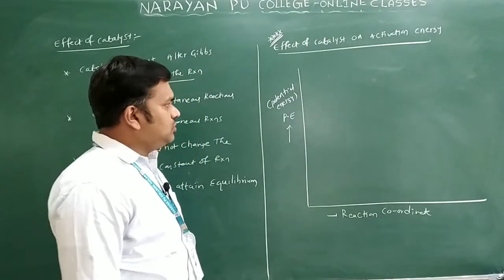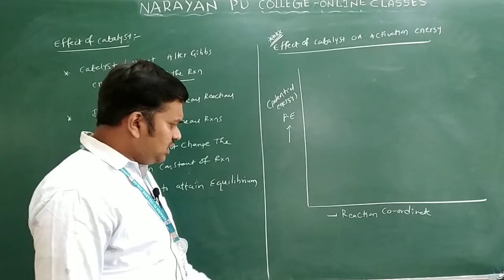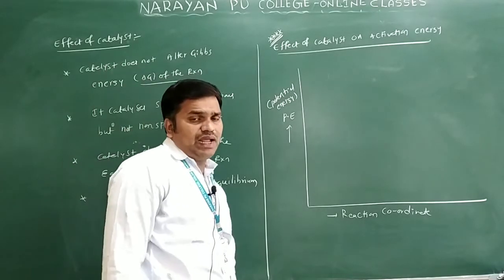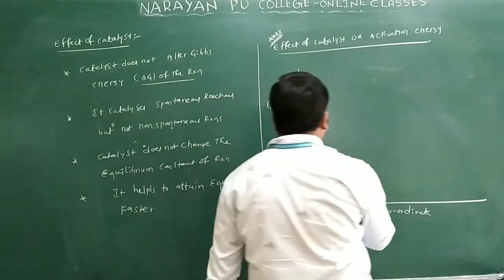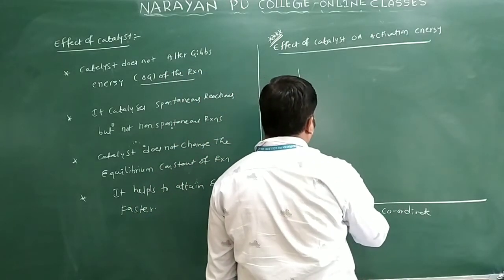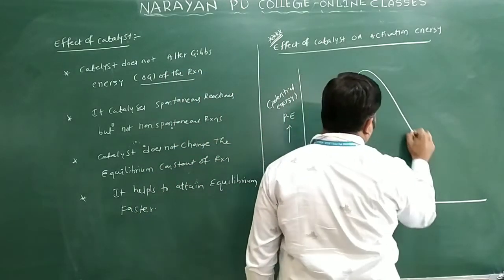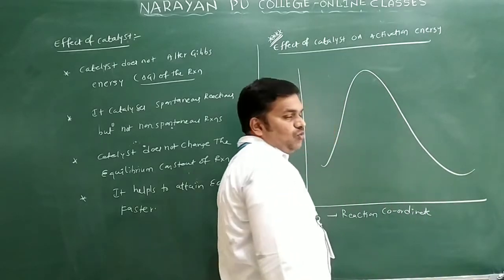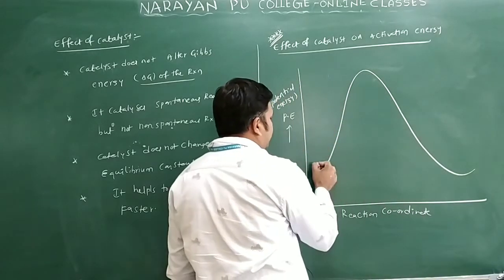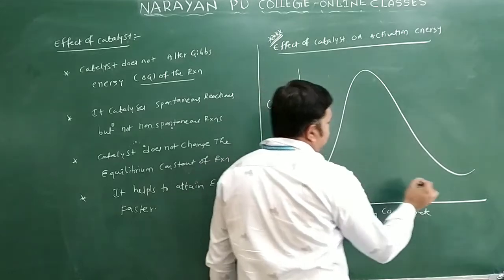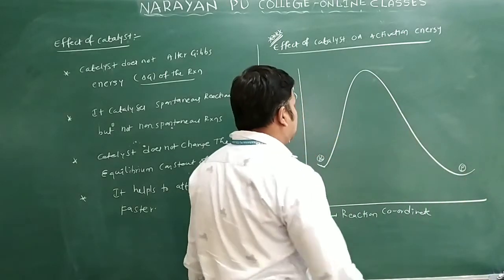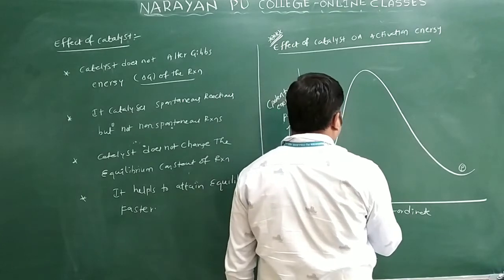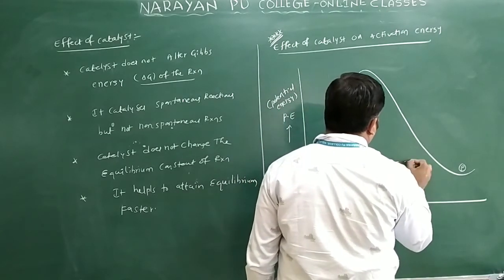If you want to draw the graph, in a chemical reaction, what happens? Reactant molecules are converted into products. So we want to take the reactant molecules here. Imagine this is the reactant and this is the product. Clear? Now I want to draw lines for the reaction.